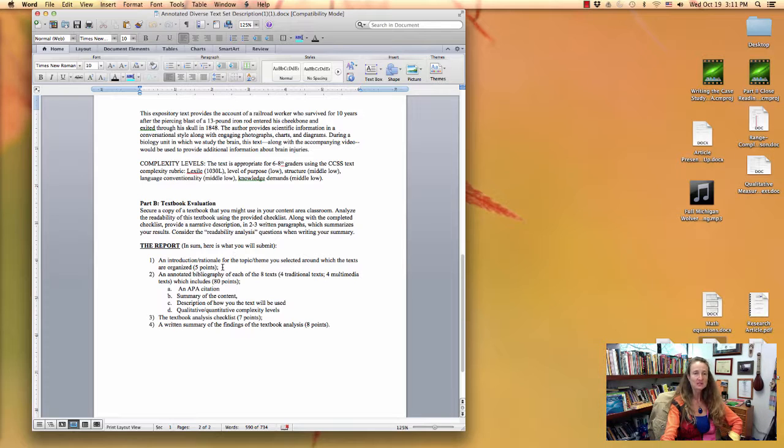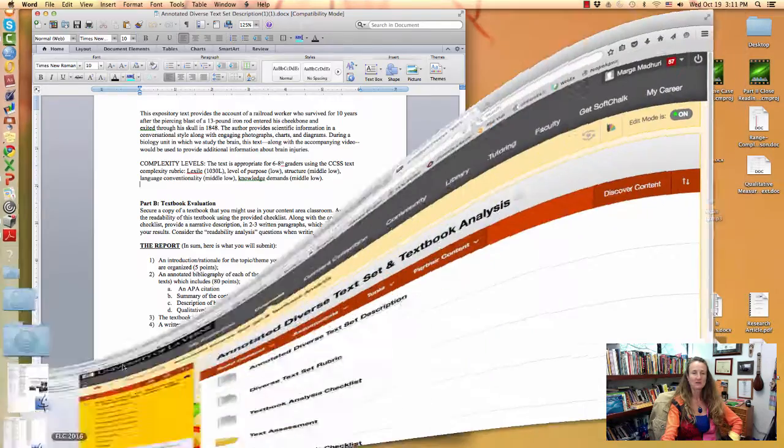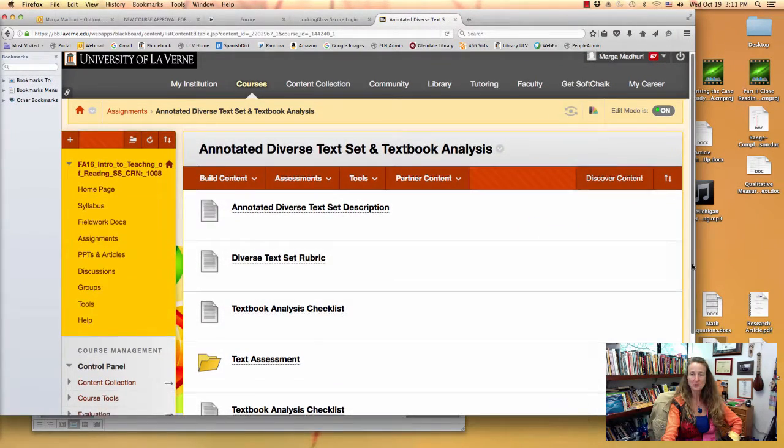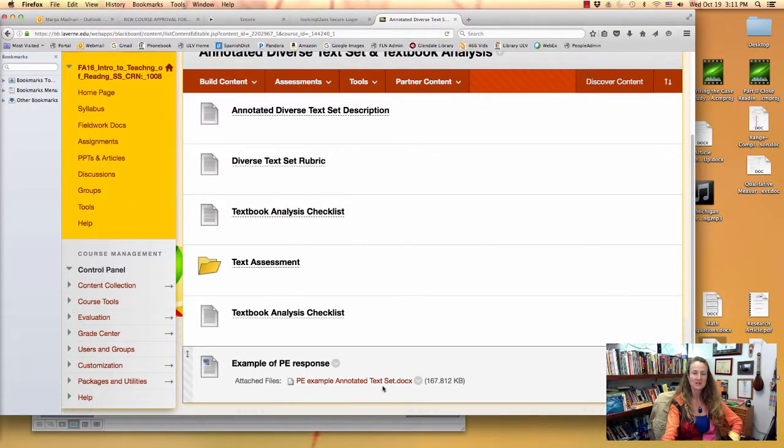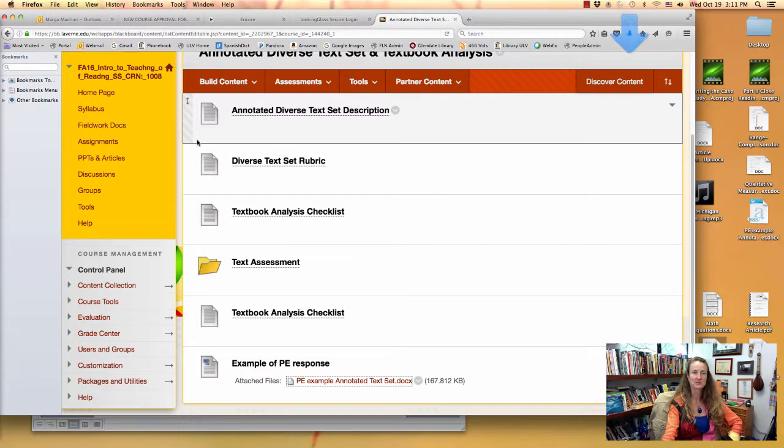So in summary, here's what you're going to submit: an introduction rationale for the theme or topic, an annotated bibliography with each of the 8 texts, the textbook analysis checklist, and a written summary with the findings of the textbook analysis. If you go back to our assignment page, I actually have an example of an assignment related to PE.